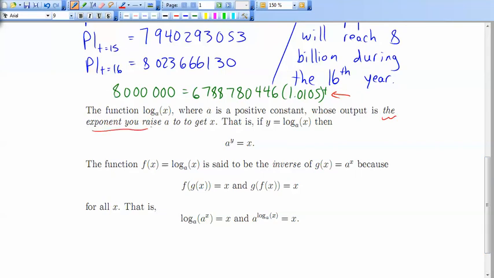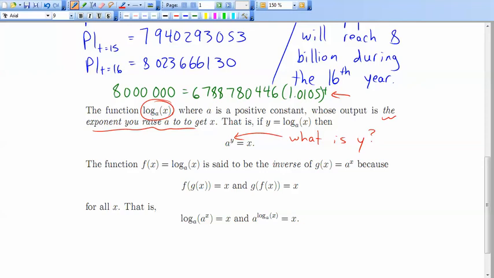If you take the log base a of x, the output is the exponent you raise a to get x. In other words, what is the y here? The x is our input to the log function, the a is the base, that's always going to be given, and we want to figure out what's that mystery exponent.